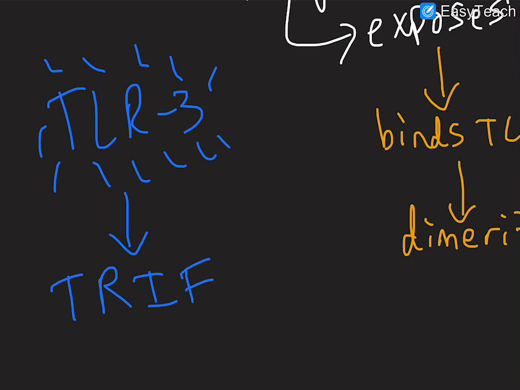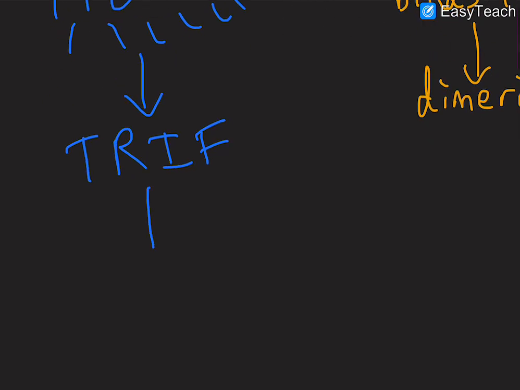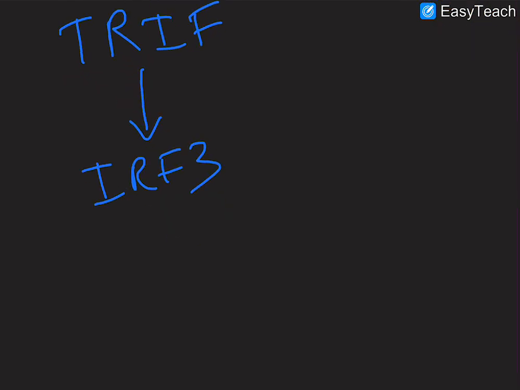The way this is different is that when TRIF gets activated, it then activates IRF3. Now IRF3 is really good at leading to interferon production. So once IRF3 is activated, you're going to get production of interferon beta.